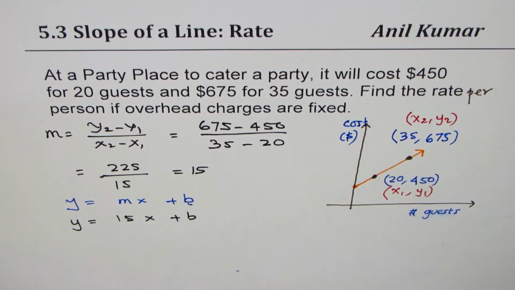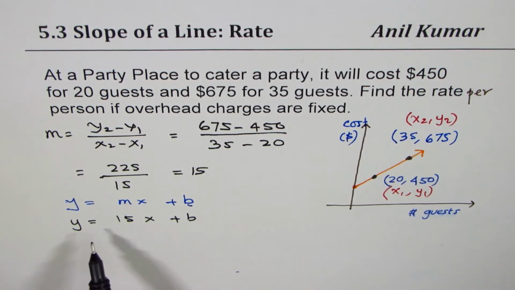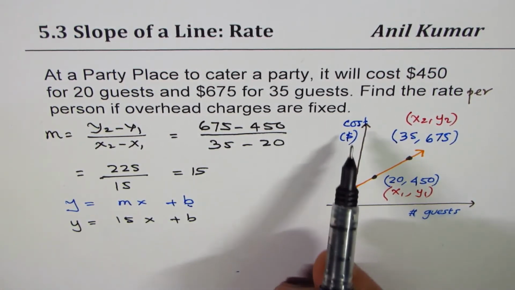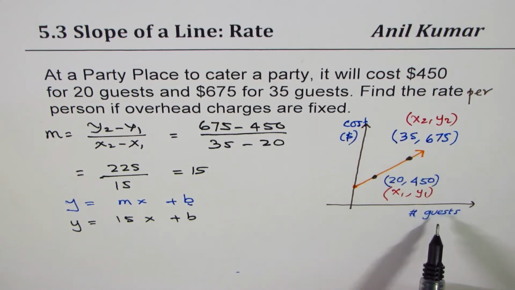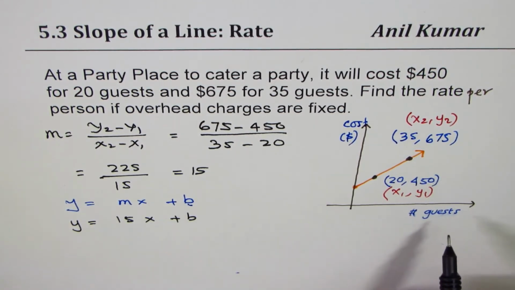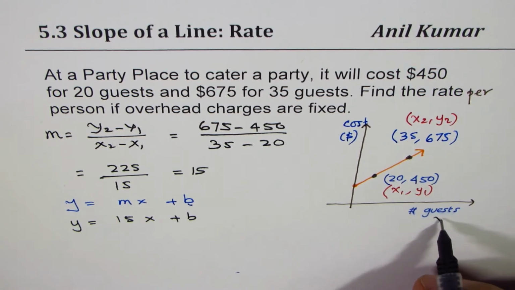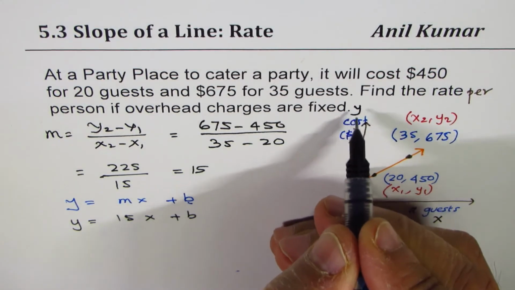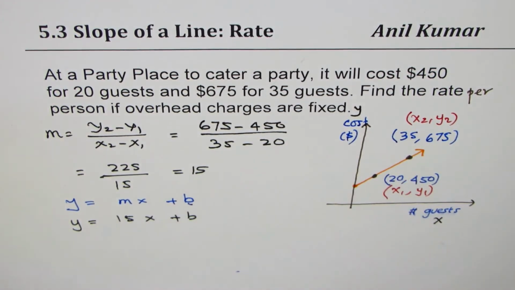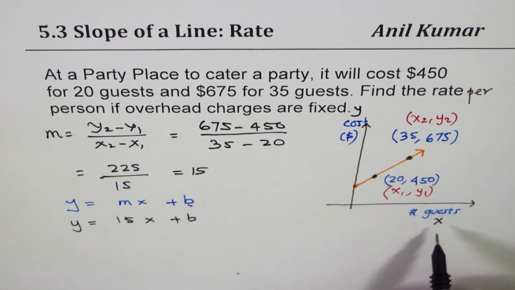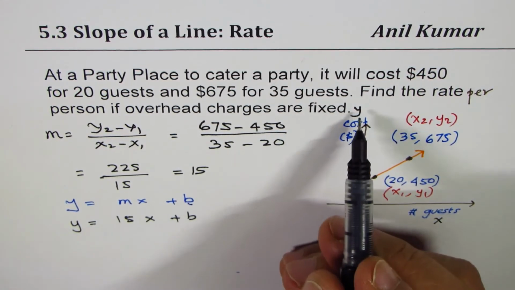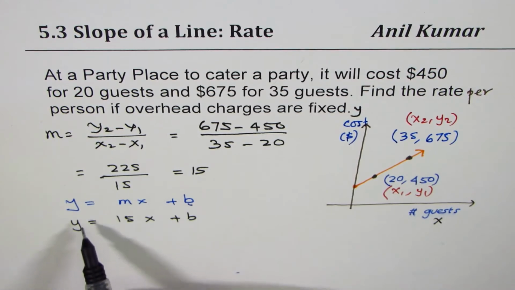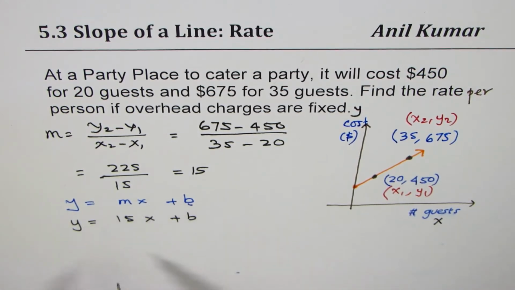This is a general equation. In applications with guests and cost, we should say let x be the number of guests and let y be the cost. That is how you define your variables.